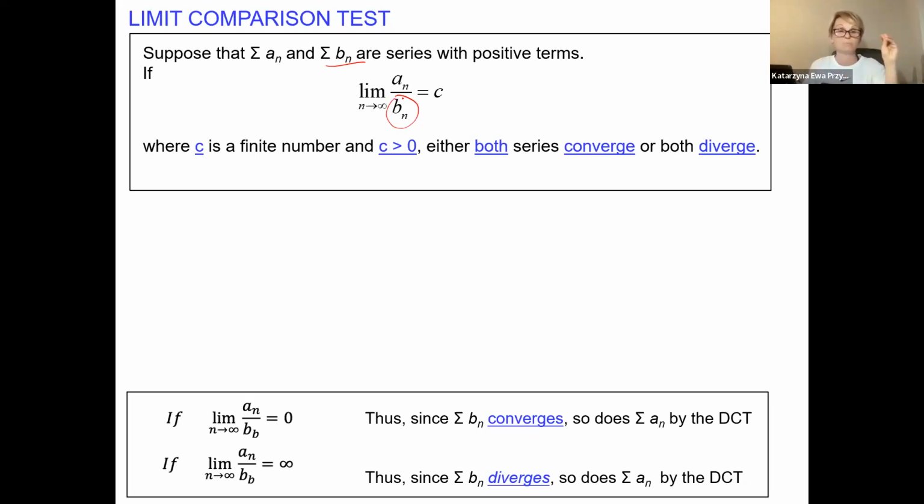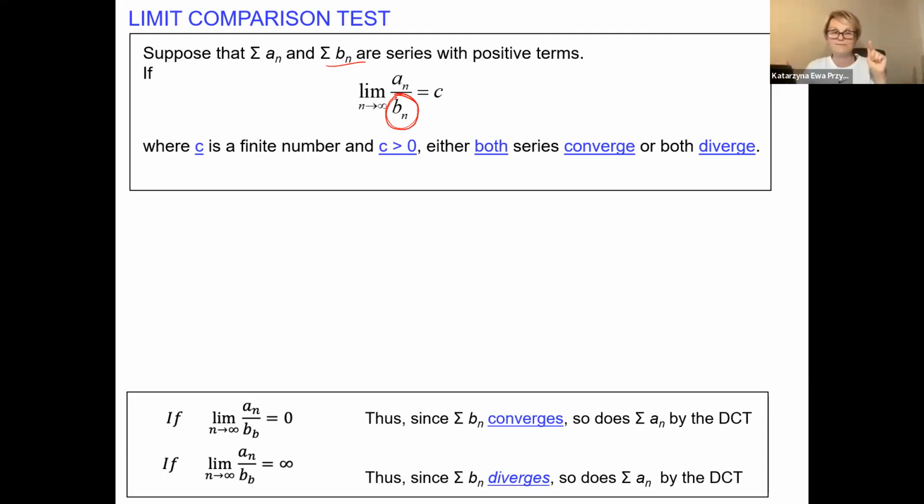A sub n is the original problem. B sub n is something that we figure out to compare with. When we compute the limit at infinity of that ratio and get a finite number C, we may conclude that both series behave the same. If the known one was convergent, our series is also convergent. If it's divergent, it's divergent.